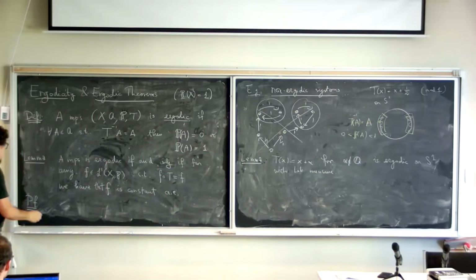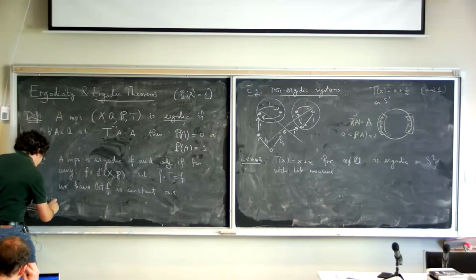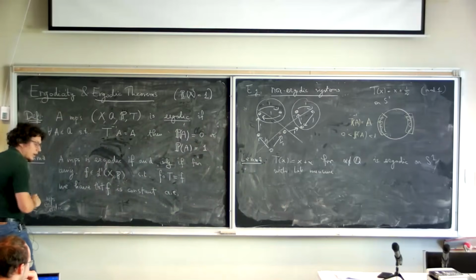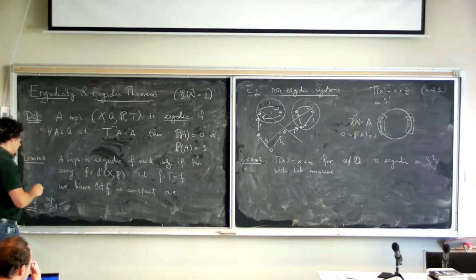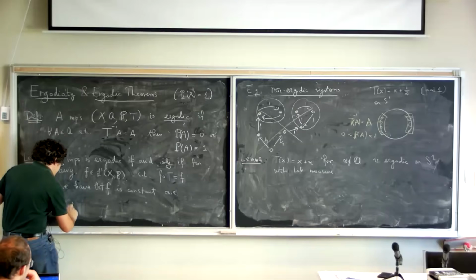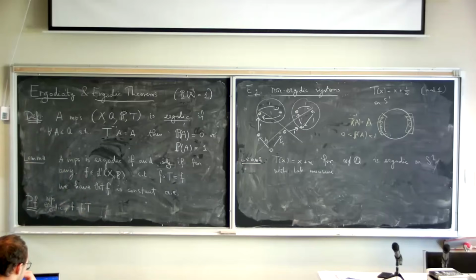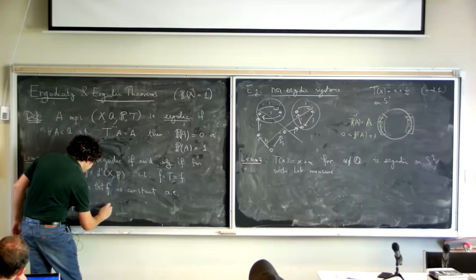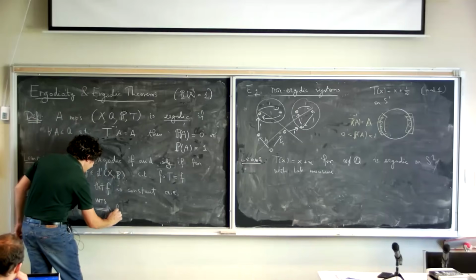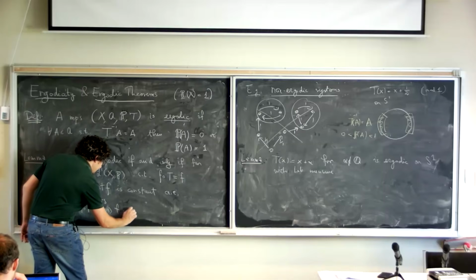Suppose that the measure preserving system is ergodic, and suppose that we have a function that is invariant. We want to show that this function is constant. How do we show that? We want to show that f is constant almost surely.